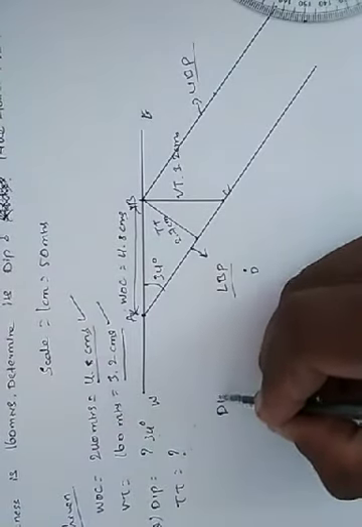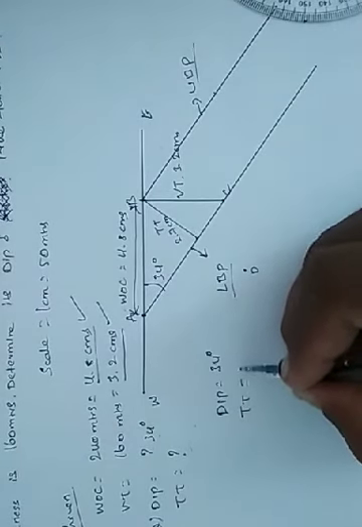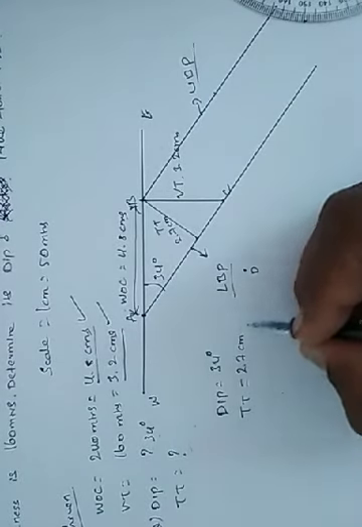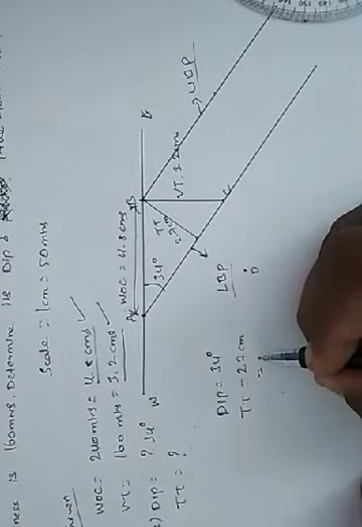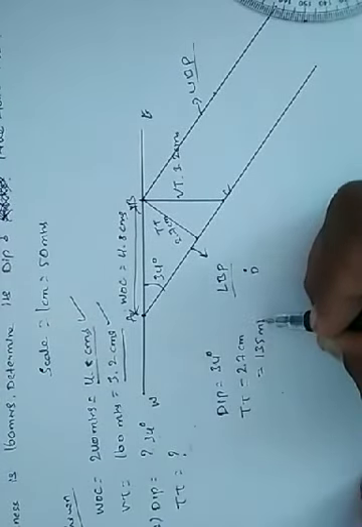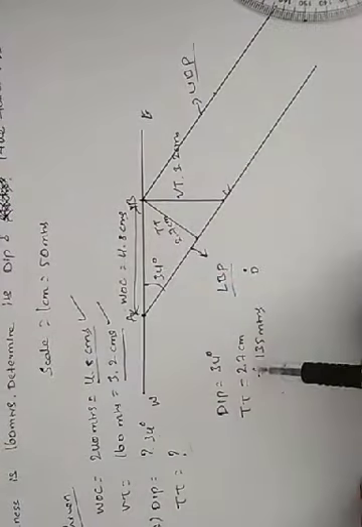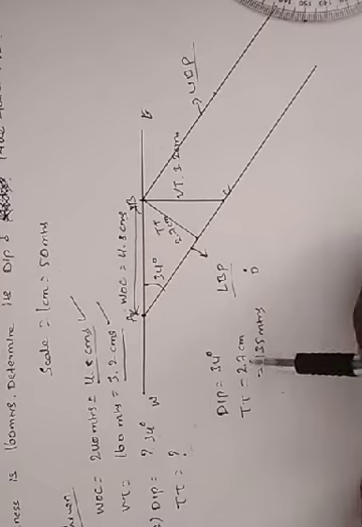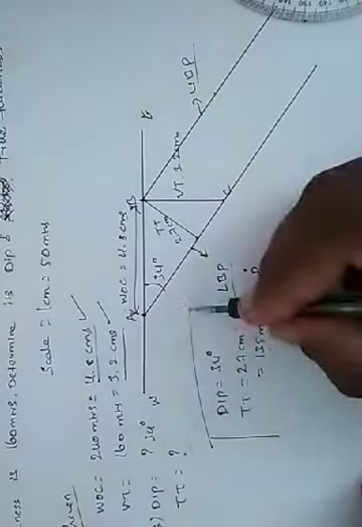So now we have the dip of 34 degrees and TT, that is true thickness, of 2.7 centimeters. When we convert this 2.7 centimeters into the scale, we will get 135 meters, as we have taken the scale of 1 centimeter equals 50 meters. So 2.7 centimeters becomes 135 meters. So this we have solved through the geometrical method.